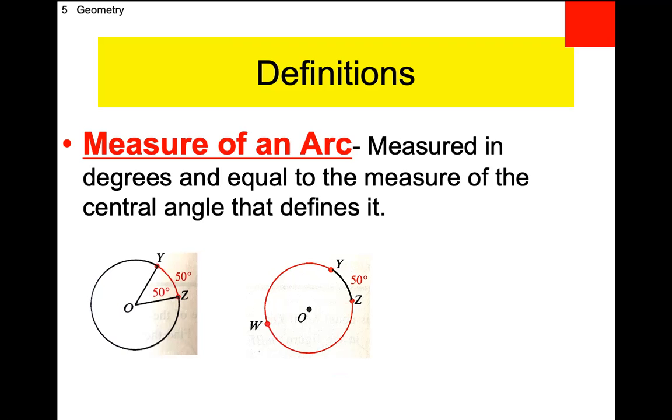If Y to Z is 50, then what's the major arc? How did you do that? So it's a self-obvious thing to most students, but maybe not to all, that if they give you the minor arc, you can easily calculate the major arc simply by subtracting from 360.